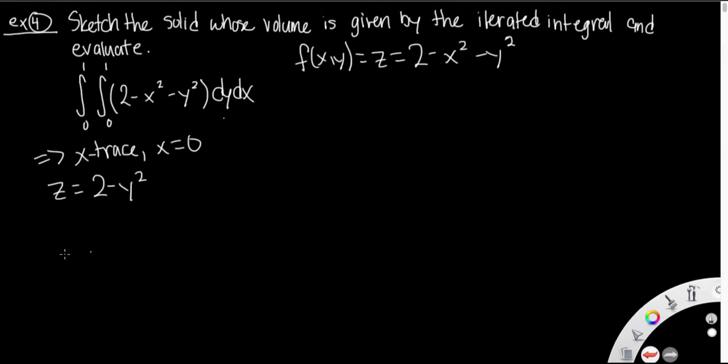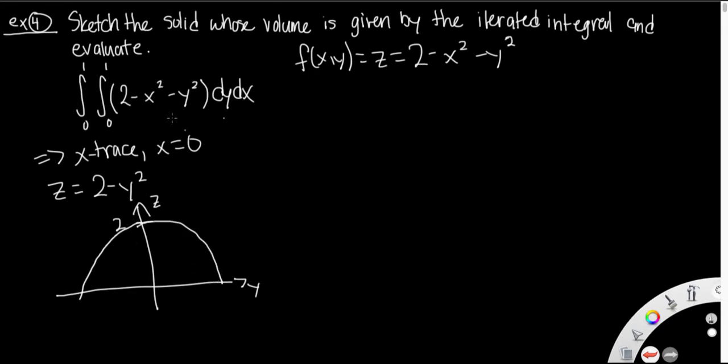What we're doing here is projecting the solid onto the zy plane. We don't have to be too detailed here, but this is the z-axis and the y-axis. We have a vertical translation of 2 and a parabola that opens down.